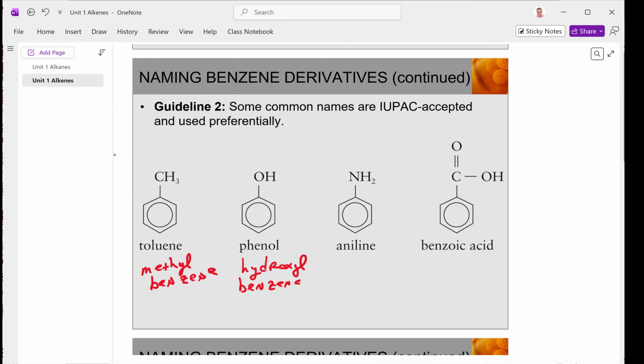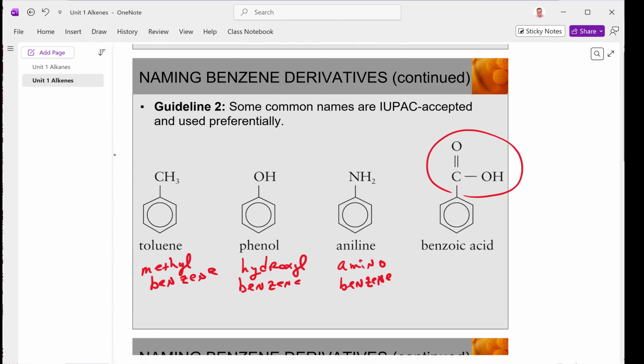Aniline, that's a unit 3, but it's amino. And then if there's an acidic group here, it's called benzoic acid.